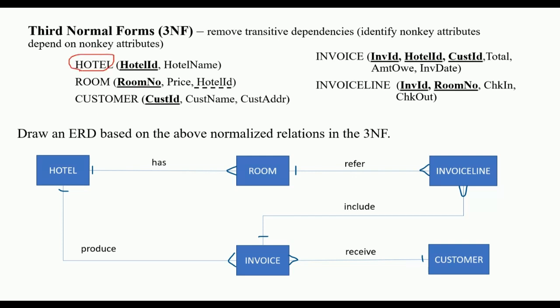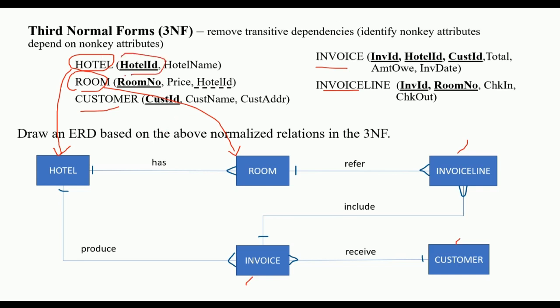First, you just draw the entities: the hotel, and then the room, right? And this one, customer, yeah, the customer, the invoice, this one, and the invoice line is this one. Okay, then what we can see, how to draw it is very simple.